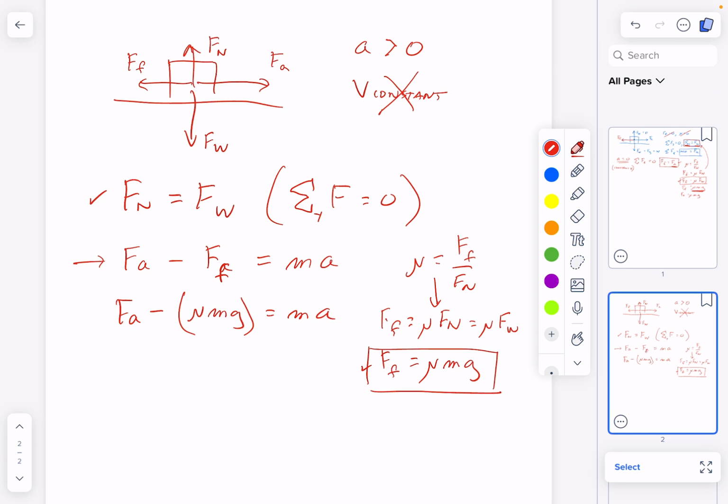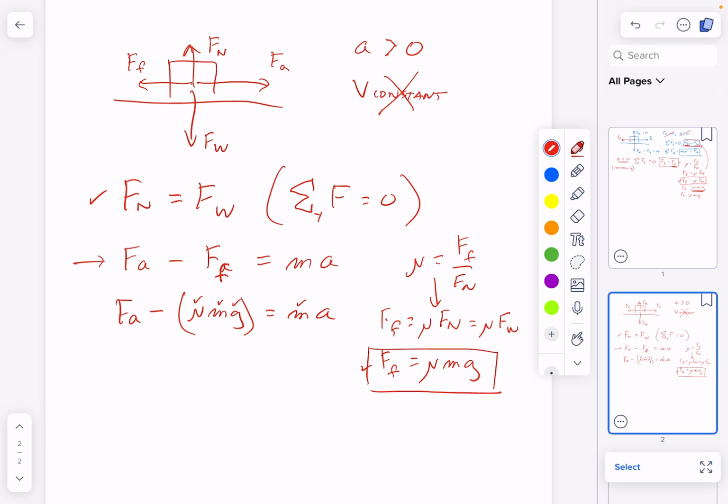And most likely in a math problem, you would be given mu, you'd be given m, you'd know that g is 9.8. And so you could find the applied force, or you could find the acceleration. Or if they gave you those two things, you could find m. Or if they gave you the applied force and the mass and the acceleration, you could find mu. All kinds of possibilities there.